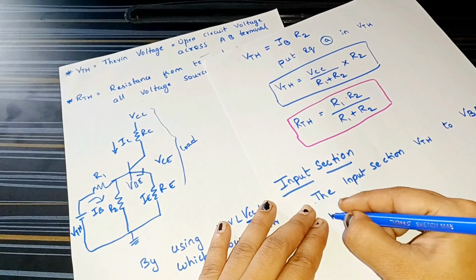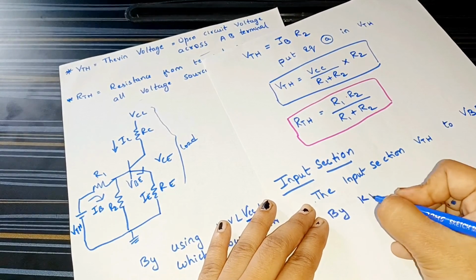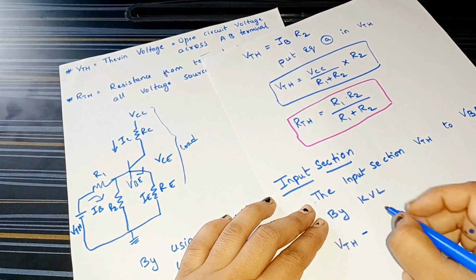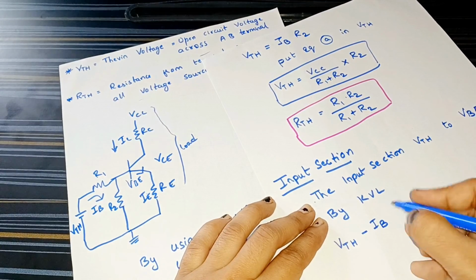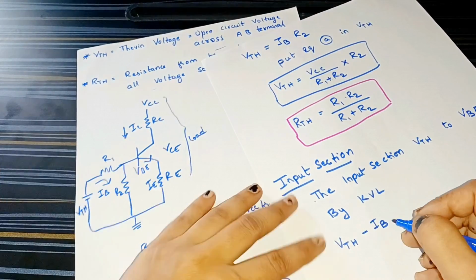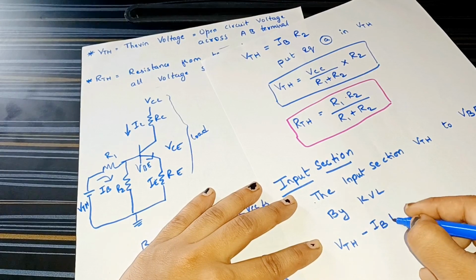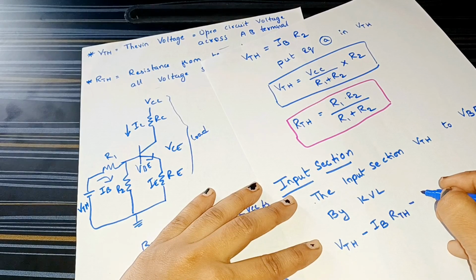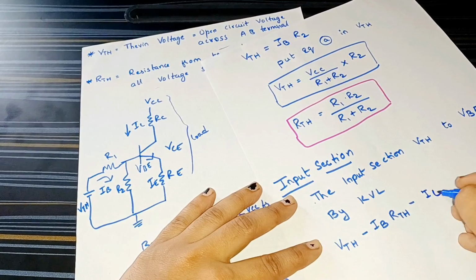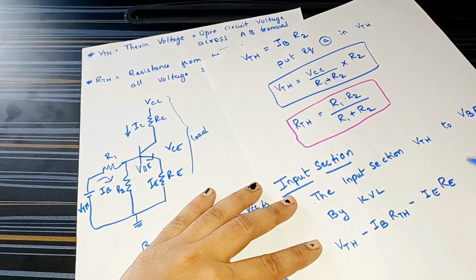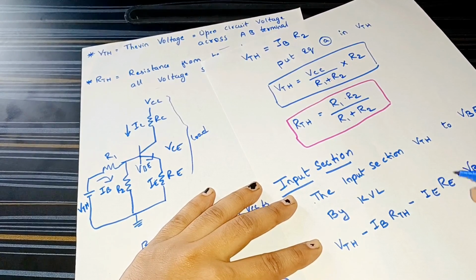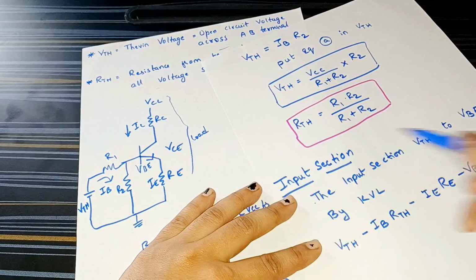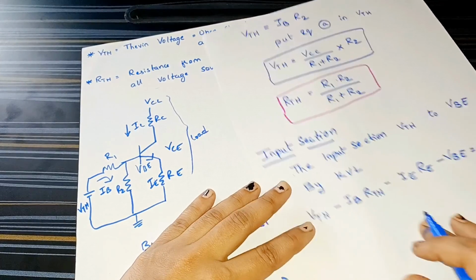Using KVL, we get VTH minus IB into RTH minus IE into RE minus VBE equals 0. The emitter resistor and current also flow across the base-emitter voltage.